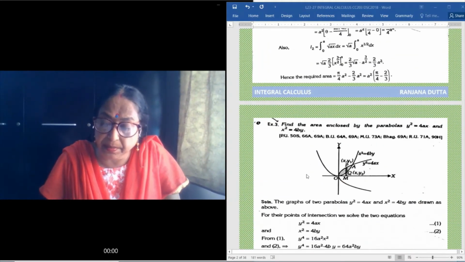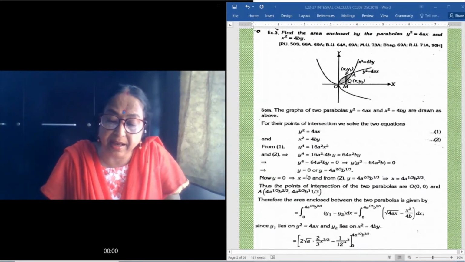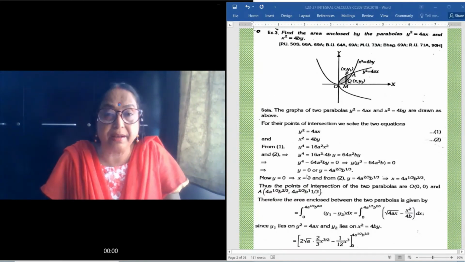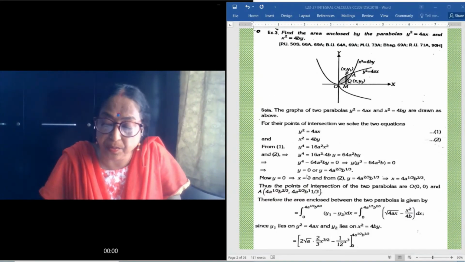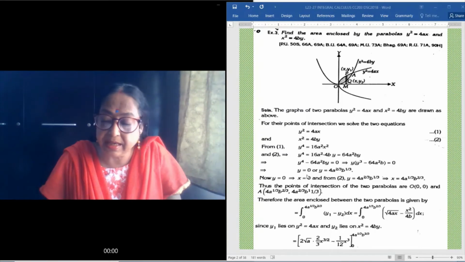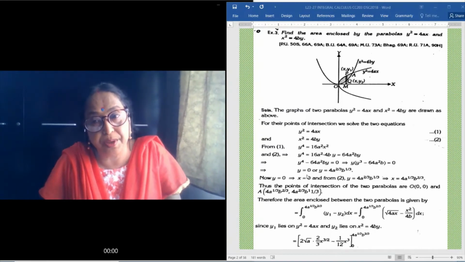Now the third one, find the area enclosed by the parabola y square equal to 4ax and x square equal to 4by.